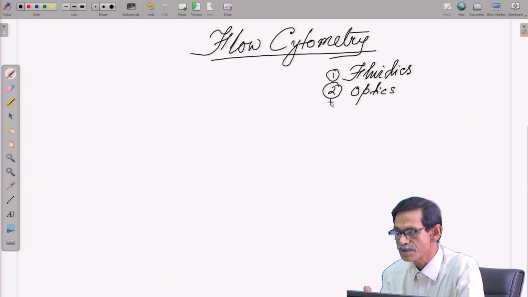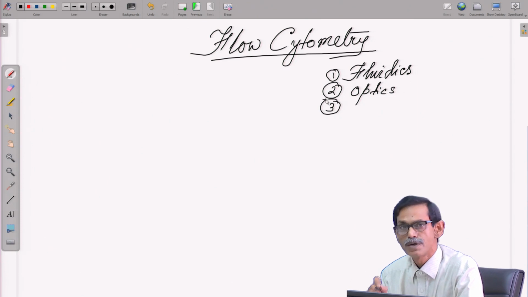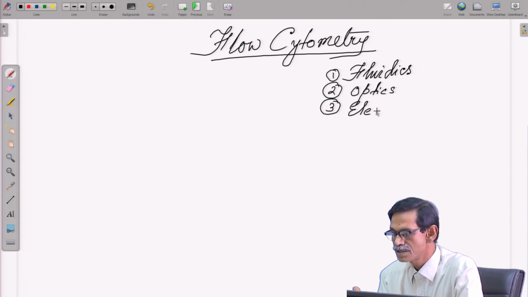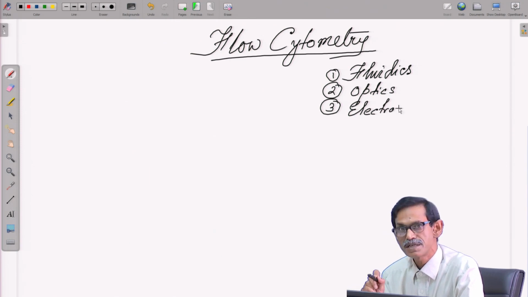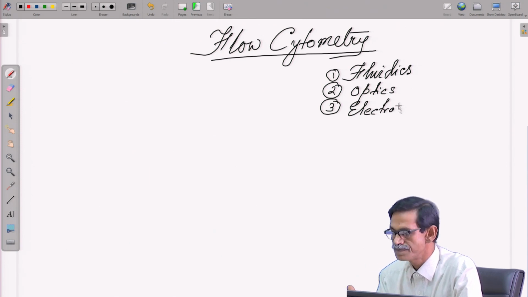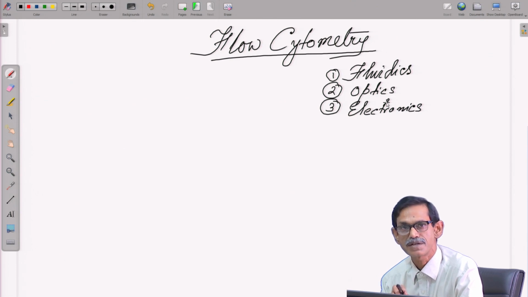And the third component is electronics, just to measure and digitize the information that we are getting. Okay. So, these three components are distinctly doing their own job: fluidics, optics and electronics.